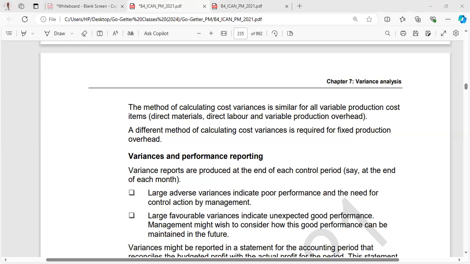It's going to also have a little disturbance in your knowledge of variance analysis if you don't know this standard costing. So once again, thank you so much and do have a wonderful night.